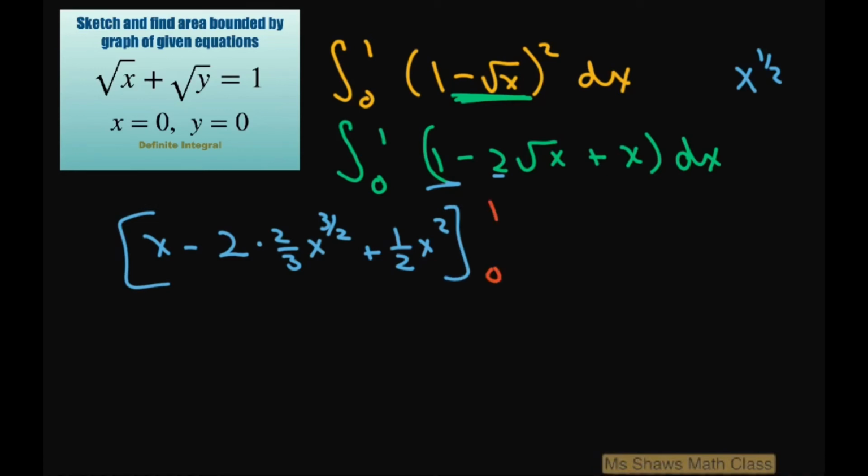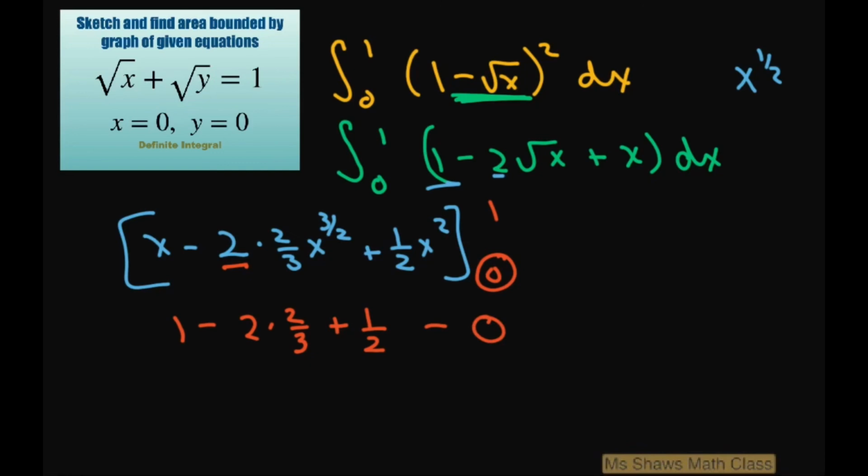When you substitute in 1, you're going to get 1 minus 2 times 2/3, sorry, so there's the 2 and 2/3, plus 1/2. And as you substitute in the 0 here, you're just going to get minus 0 because they have x's in them.